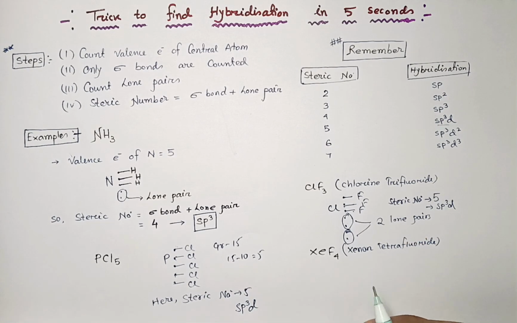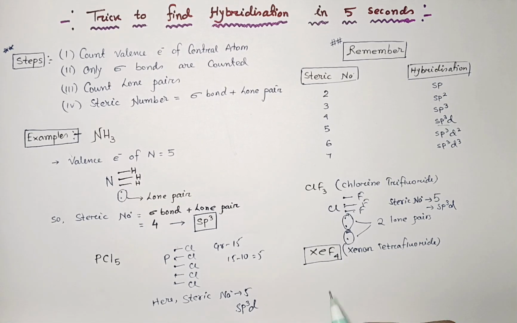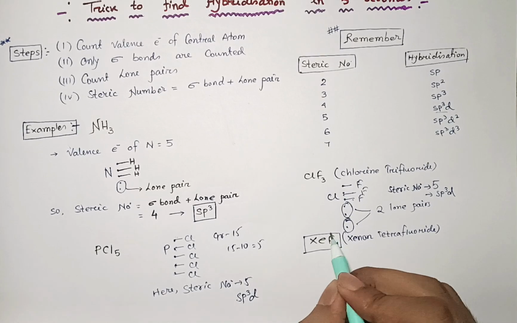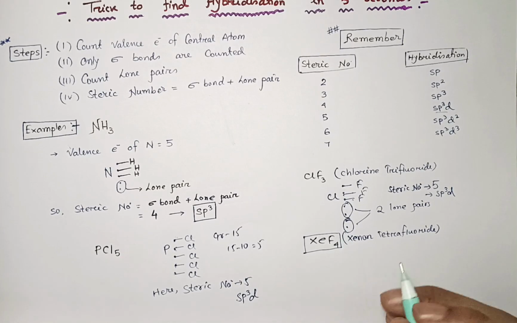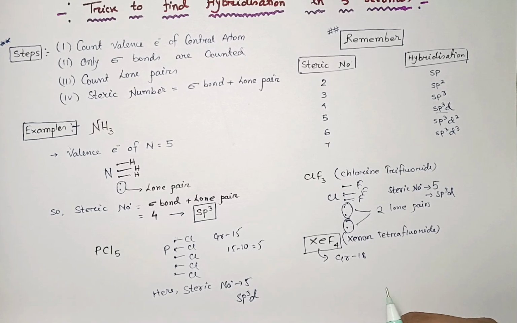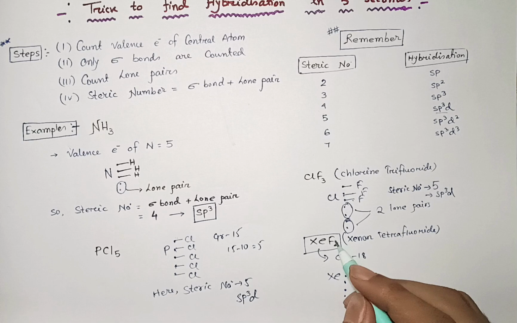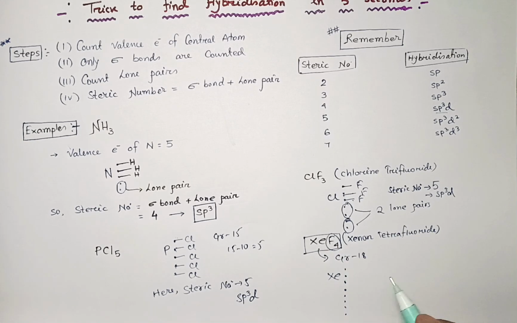And we have the last example as xenon tetrafluoride, that is XeF₄, and this is the most important example. I guess you may have practiced it during the preparation of JEE and NEET. This example can come in the exam. We know that xenon belongs to group 18 since it is a noble gas, so it has 8 valence electrons, 1, 2, 3, 4, 5, 6, 7, 8. And you have 4 fluorine atoms.